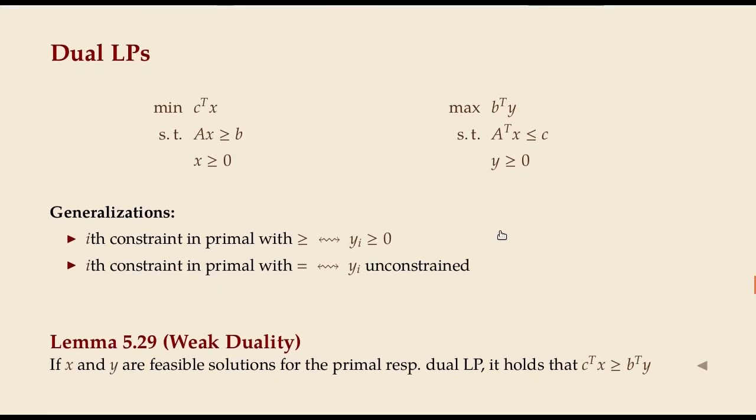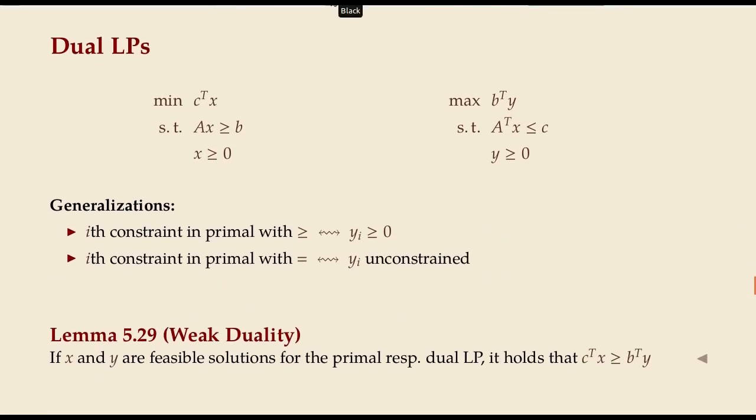In general, if you write down LPs in the vector matrix notation we introduced last time, then this is the primal in the standard form. And then if you go through these steps, you find that the dual actually can be very easily constructed from the primal by just having the matrix transposed and the two vectors exchanged.